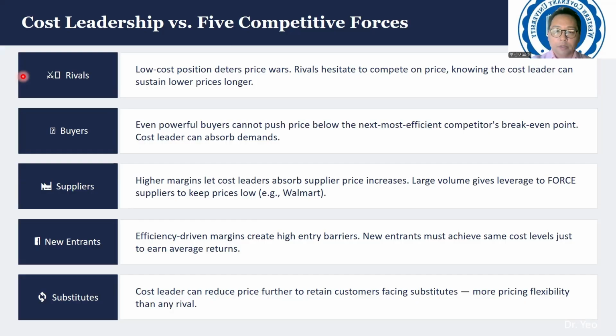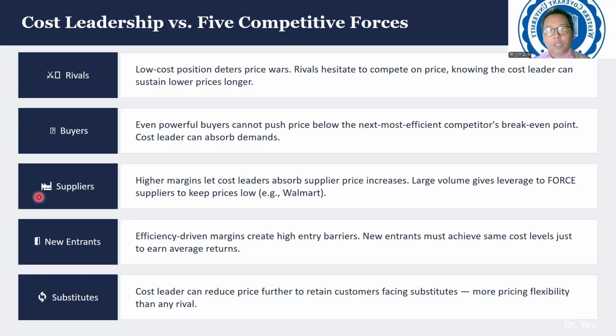Competitors don't start them. Against buyers, powerful buyers want lower prices, but there's a floor. The cost leader can resist pressure because even at a very low price, it can still earn returns while rivals cannot. The cost leader's next most efficient competitor essentially sets the minimum price floor.